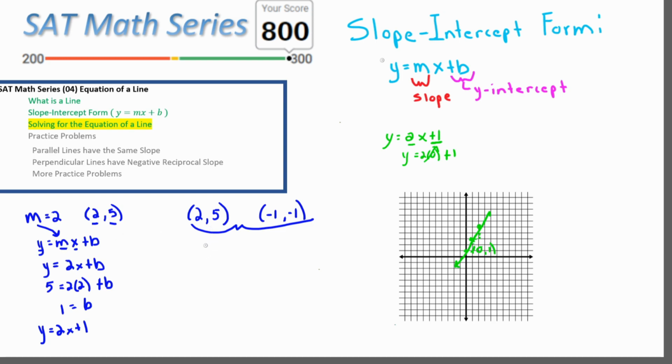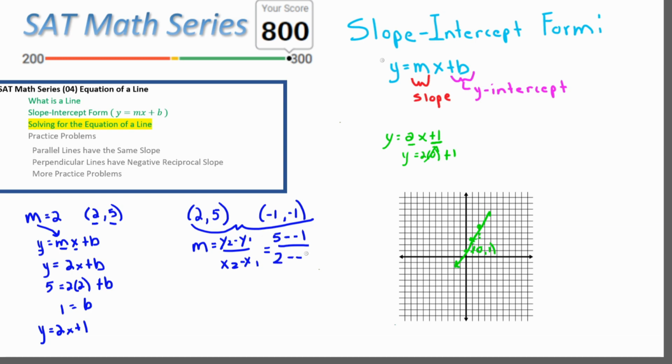So, for instance, slope is the difference in y over the difference in x, or more formally, y2 minus y1 over x2 minus x1, which is, we'll do this one as y2, 5 minus -1, that's y2, or I'm sorry, y1, over 2 minus -1.